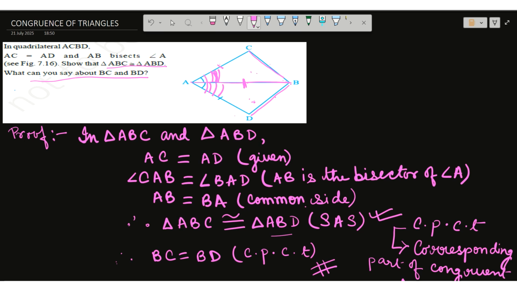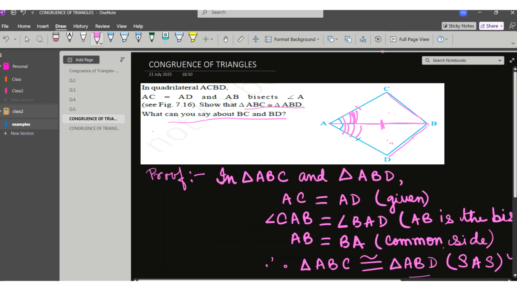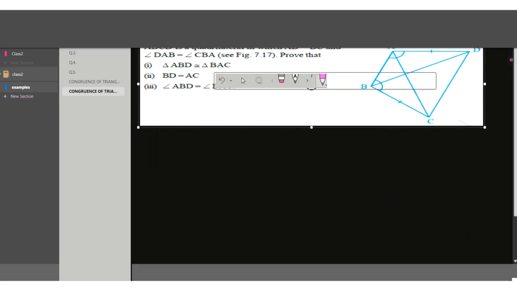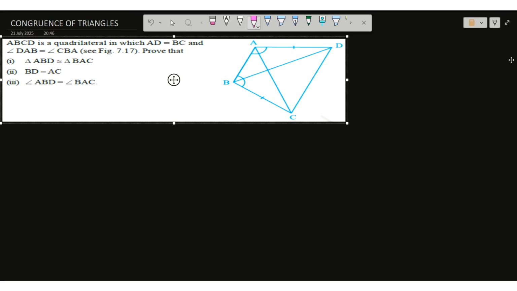Moving on to the next question. This is the second question. ABCD is a quadrilateral in which AD is equal to BC and angle DAB is equal to angle ABC. It is clear through the diagram also what is given. What we have to prove?